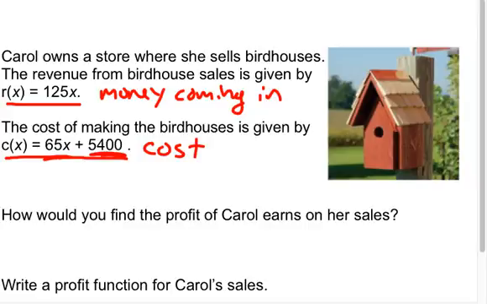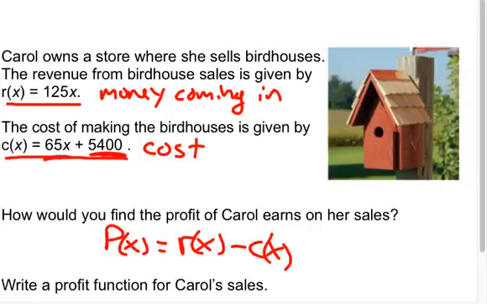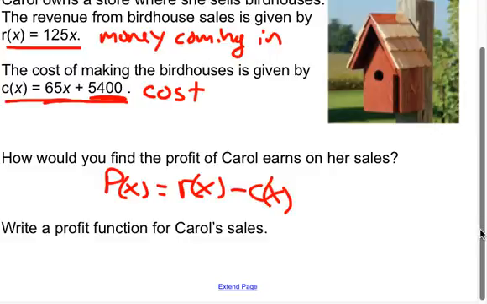How would you find the profit Carol earns on her sales? Well, if you're going to find profit, or P of x, that's equal to the money coming in, the revenue, R of x, minus the money going out, C of x. So the cost subtracted from the revenue.